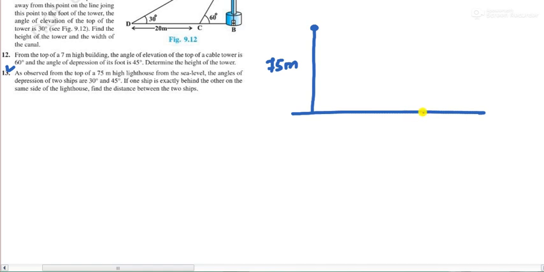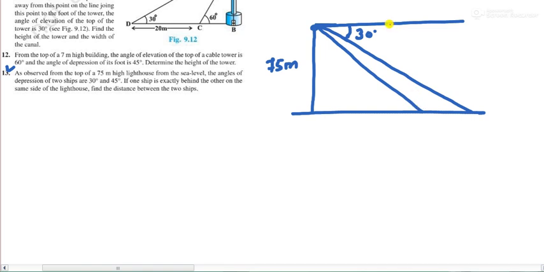There were two ships, okay. One was at an angle of depression of how much? It should be taken from this side, okay. Angle of depression should be taken from here. So one was at 30, and the other one was at an angle 45.